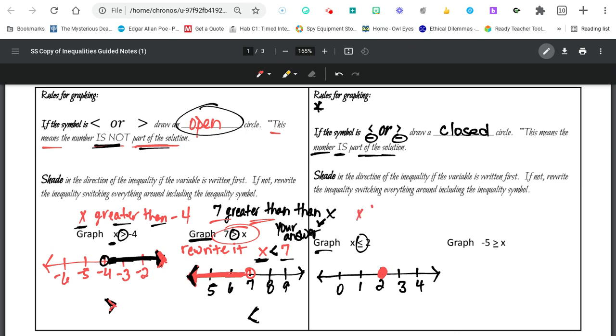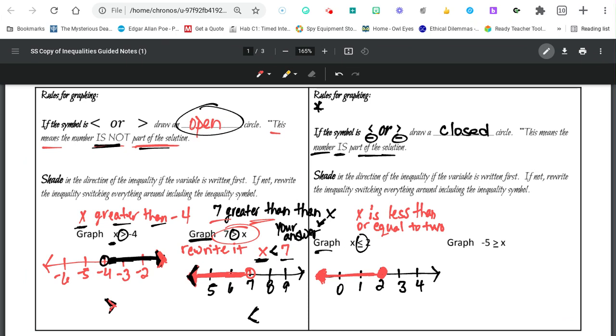It says x is less than or equal to 2, okay? So 2 may not be less than 2, but 2 is definitely equal to 2. Now, to shade in all the numbers that are less than 2, I just go to the left. These are all the numbers that are less than 2.